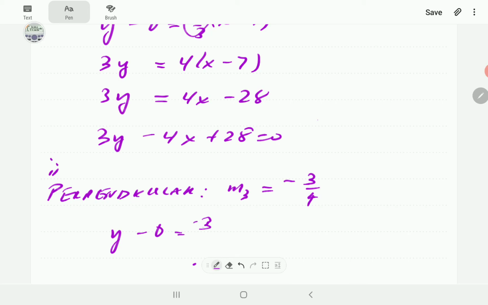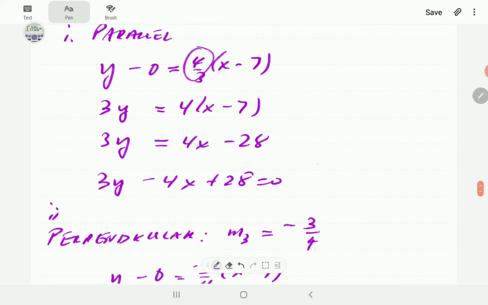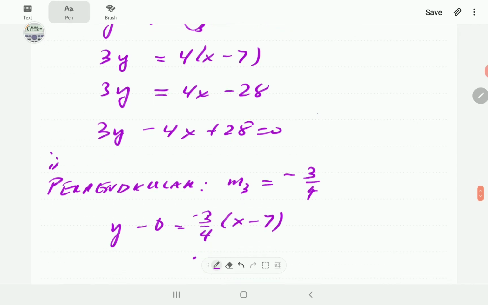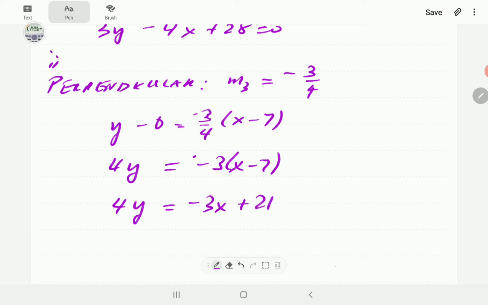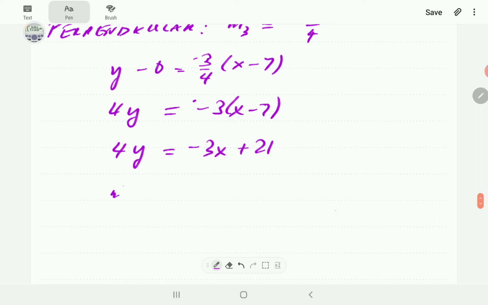So negative 3 over 4 now x minus 7, which is similar to that one. This time bring 4 to the left hand side, x minus 7 here. So this is going to be 4y is equal to negative 3x plus 21 this time. So the final equation is going to be 4y plus 3x is equal to 21.